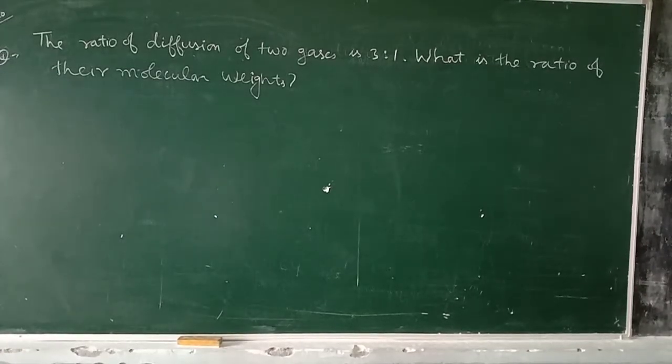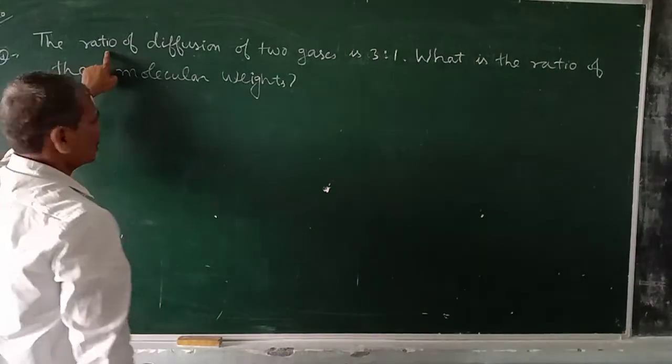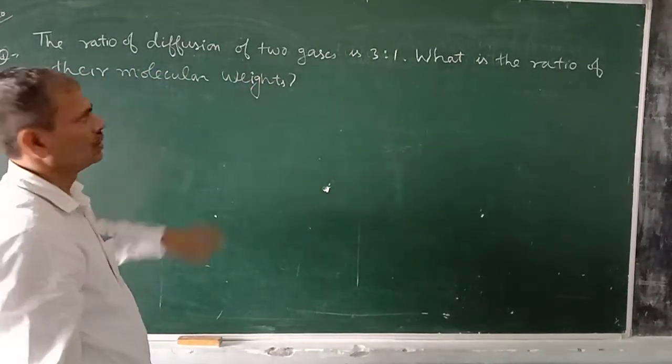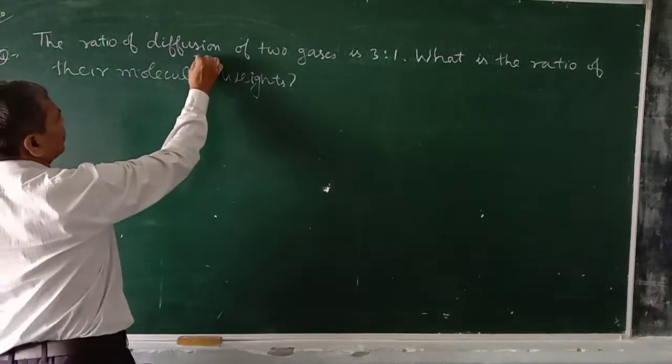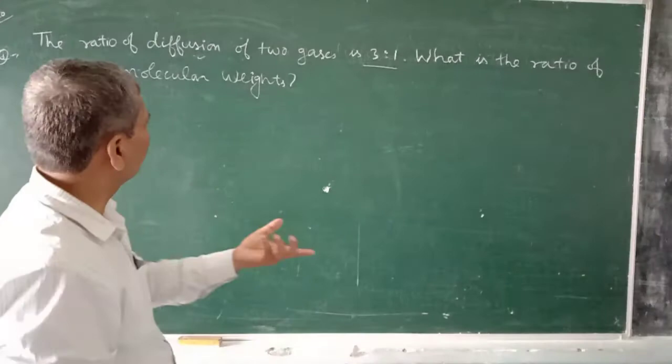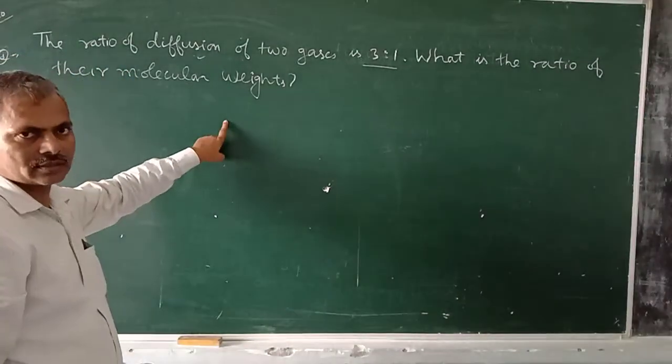Next numerical is that the ratio of diffusion of two gases is 3:1. What is the ratio of their molecular weights?